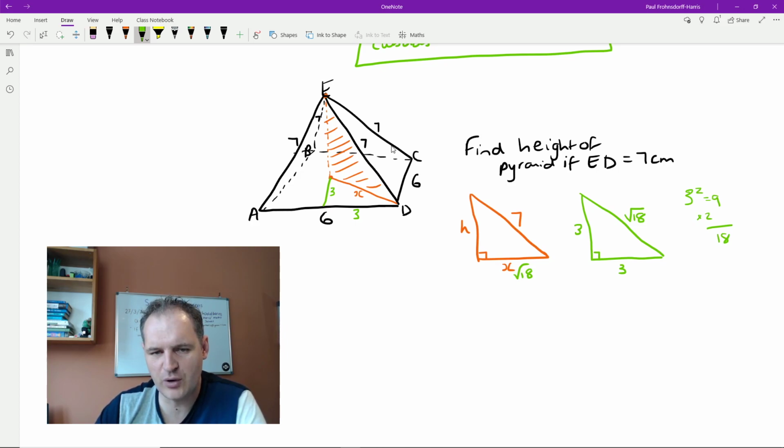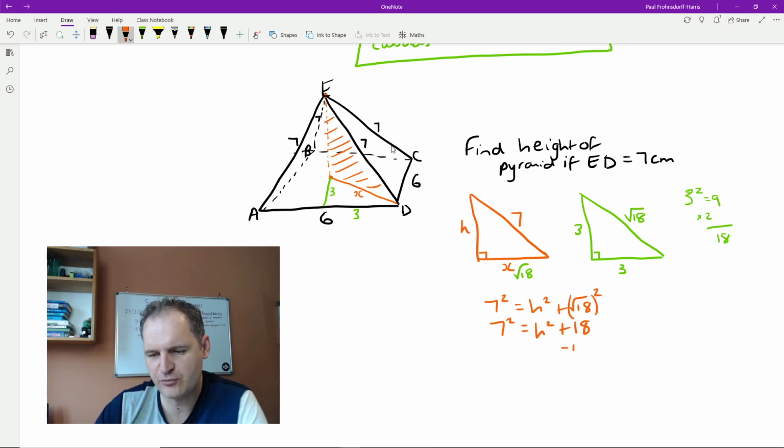Therefore, for this one, we've got a takeaway version of the Pythagoras theorem. We've got 7 squared equals h squared plus root 18 squared. Remembering that when you square a root, it goes back to being 18. So 7 squared equals h squared plus 18.